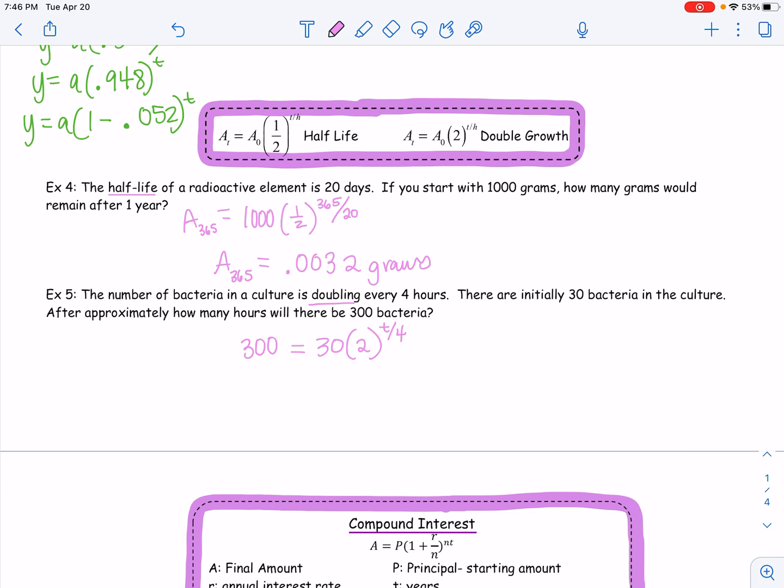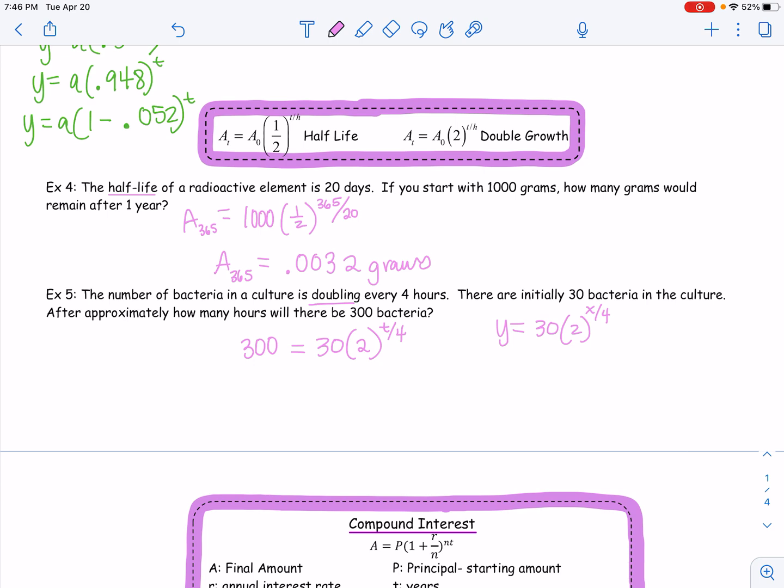And so when you do that, you will get, so the regular model, if you want to call it that, would be like y equals 30 times 2 to the t over 4, or x over 4, if you want to say that. Might help you plug it in a little bit better. X over 4. You're solving for x. If you're using a Casio, you can G-solve an x value, or x calculate, type in the y value of 300, and you'll get the x value.